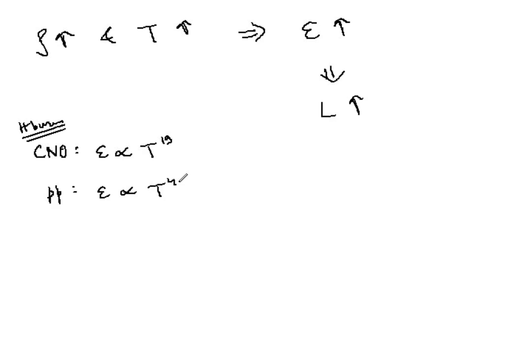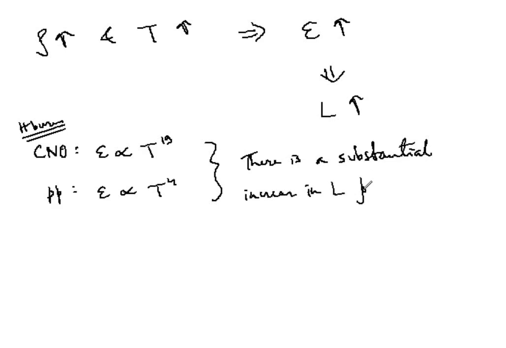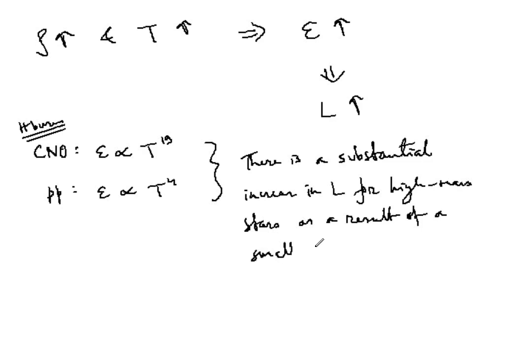So consequently, there is a substantial increase in the luminosity of high mass stars, right? As a result of this, there is a substantial increase in luminosity for high mass stars as a result of a small change in core temperature.